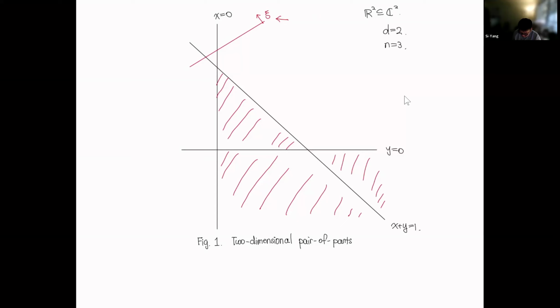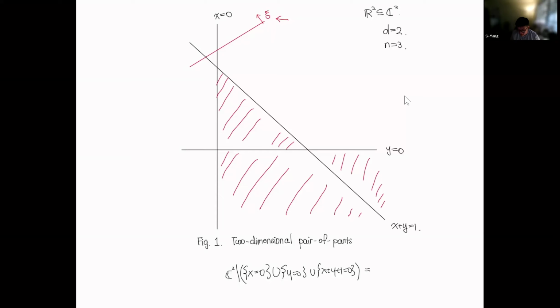I wrote this two-dimensional pair of pants because if you look at this C^2 and remove the three hyperplanes, I try to think about a way to explain why this is a pair of pants.